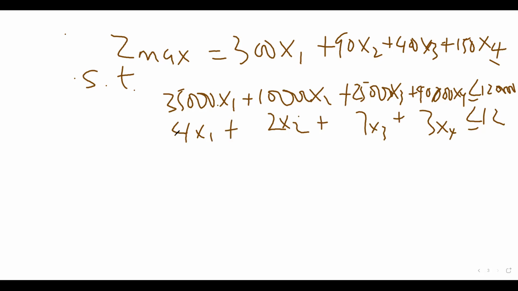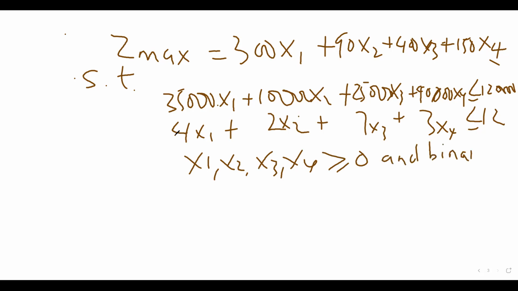Then we have to write our non-negativity constraint, which is x1, x2, x3, x4, greater or equal to 0. And this time, instead of doing an integer, you can rather do a binary.